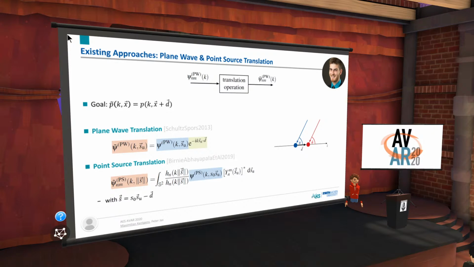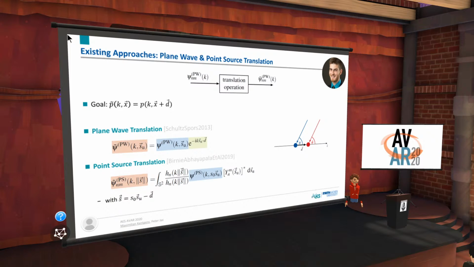And we obtain a p tilde. If we do all the derivations, we arrive, for example, at the plane wave translation method that you see there. There is simply a phase term, which is very interesting. If we translate along a plane wave, nothing else than the phase changes.